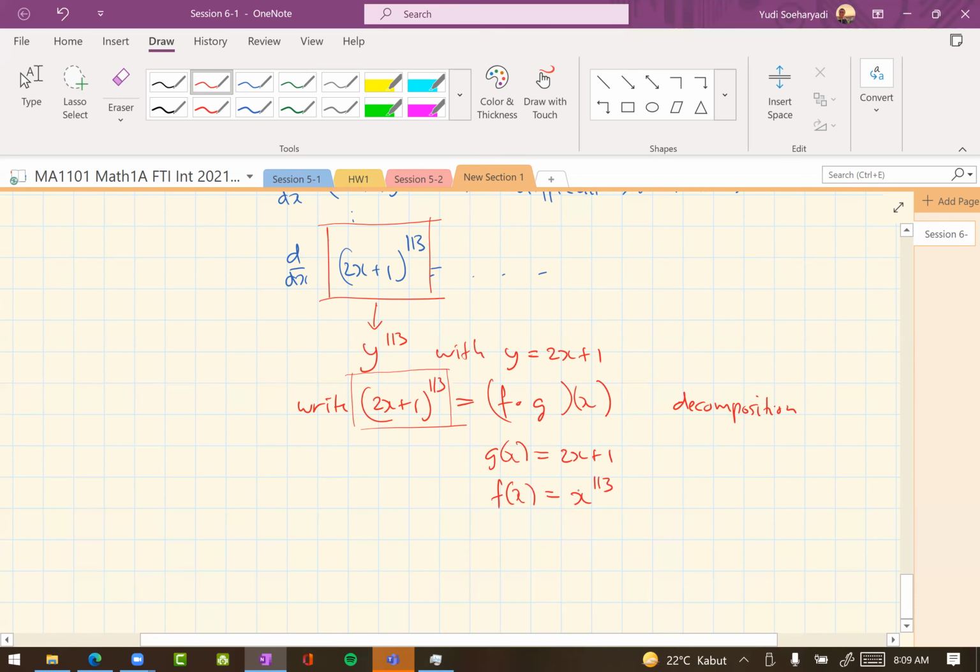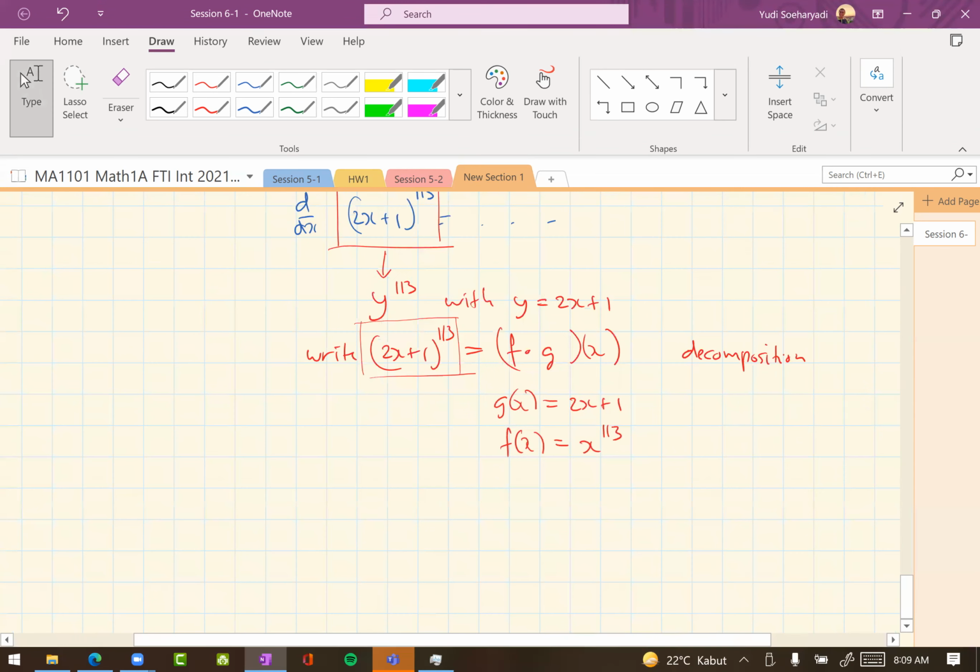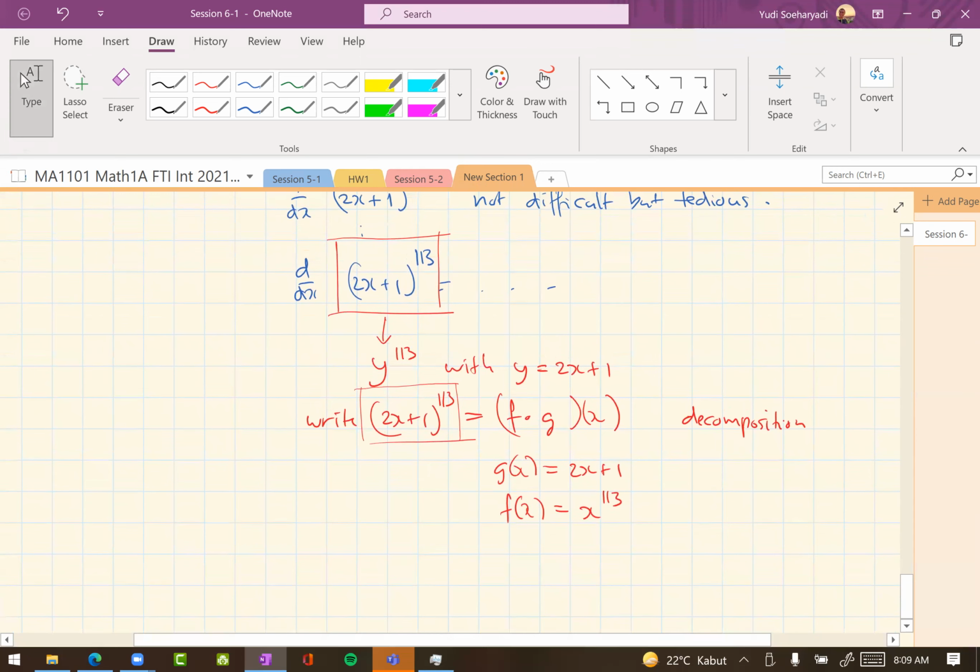So this is what we have. We write this down as taking the derivative of g first, followed by f. This is how we need the rule to compute the derivative of a composition.